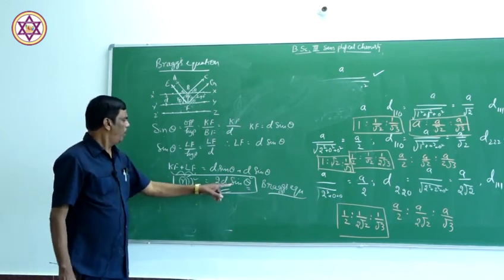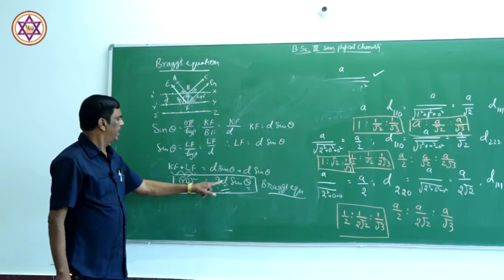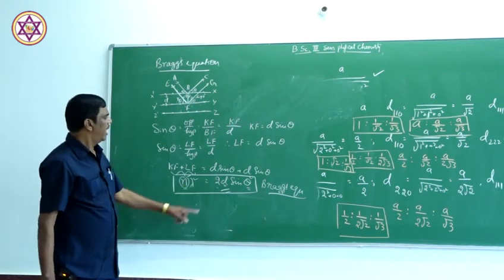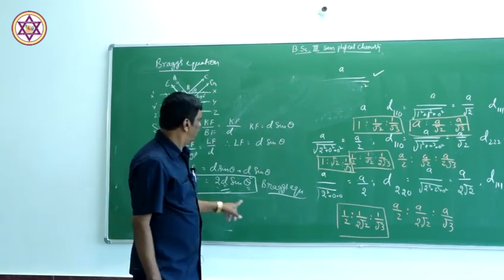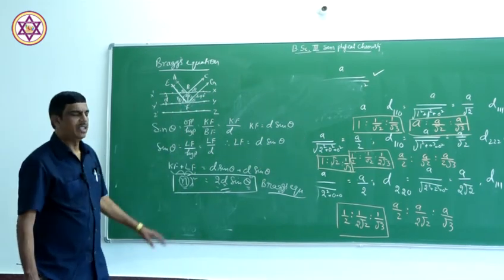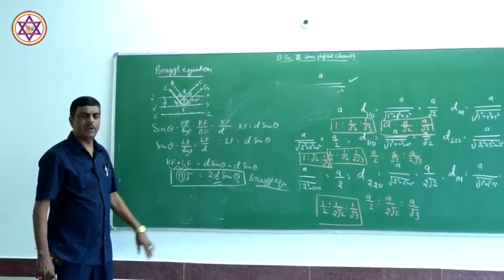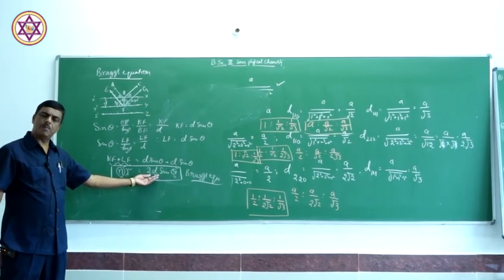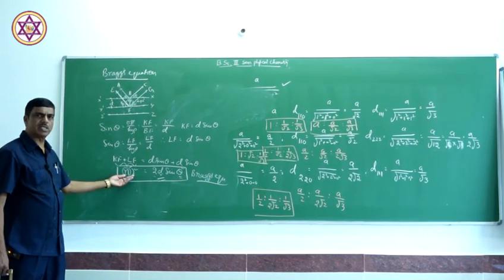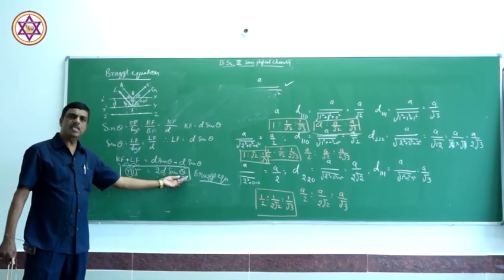Now, if we know theta, d can be calculated, and you calculate d in three different directions and take the ratio of these interplanar distances by changing the incident angle.